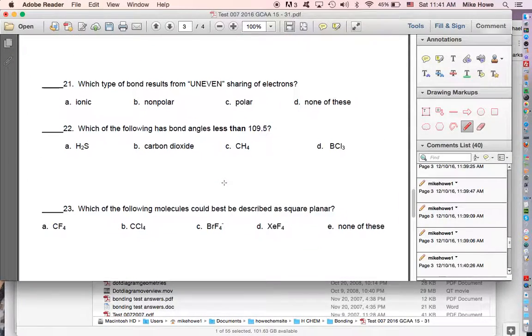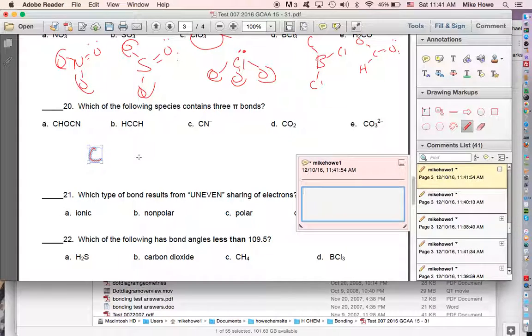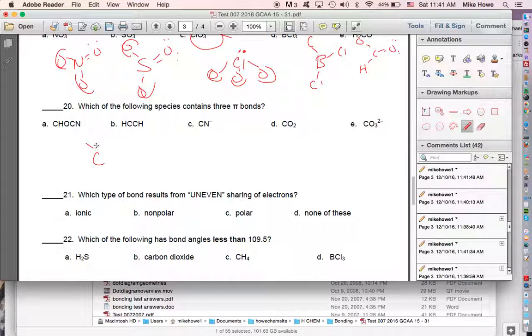Okay, which one contains 3 pi bonds? All right, 3 pi bonds means you've got to have either 3 double bonds or a double and a triple. So here I'm going to just draw one here. If I draw C, double bond O with an H here, and a C here, and a triple bond N, I think that does it.